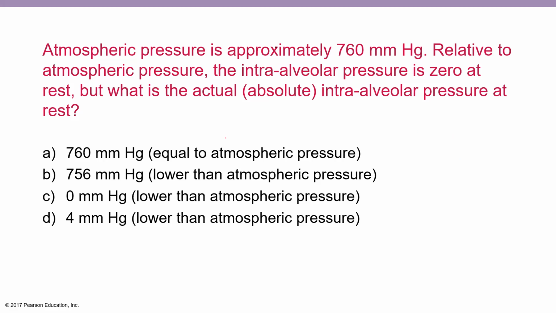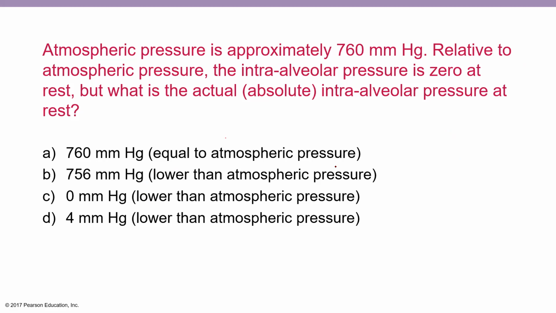In other words, it is the exact same as atmospheric pressure. The relative value is 0, but the absolute value is never 0 in actuality. Relative to atmospheric, we describe it as 0 because we zero out that atmospheric pressure.